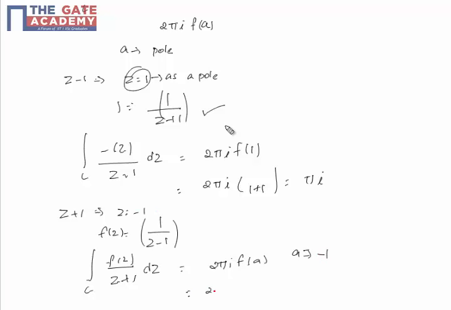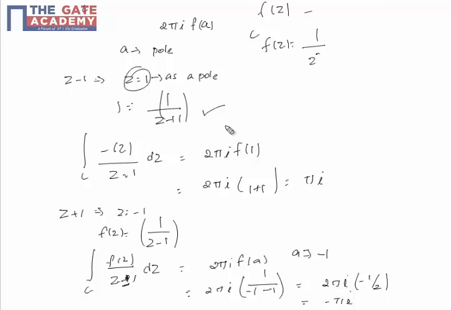So the value is 2 pi i into 1 by, here it is z minus 1, so here it is minus 1 by 2, which is equal to 2 pi i into minus 1 by 2, whose value is minus pi i.